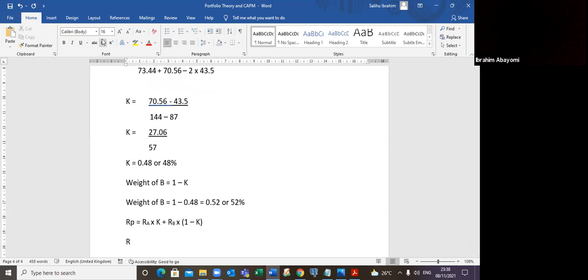So return on P will be equal to, what's our expected return that we computed yesterday?